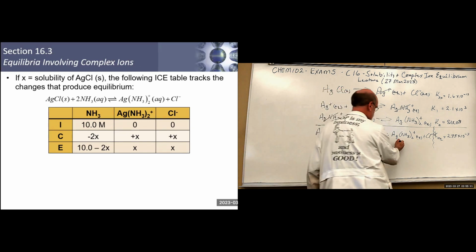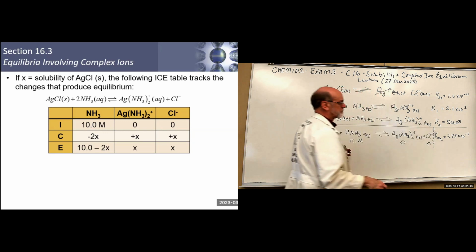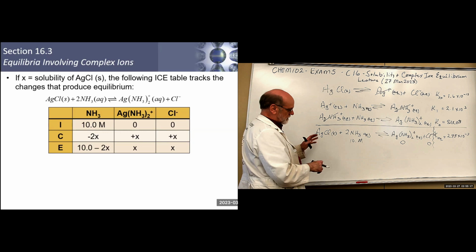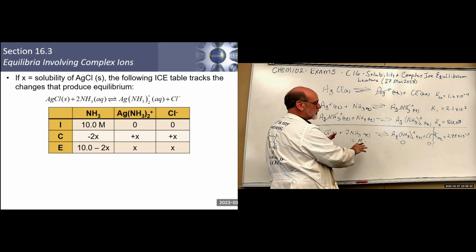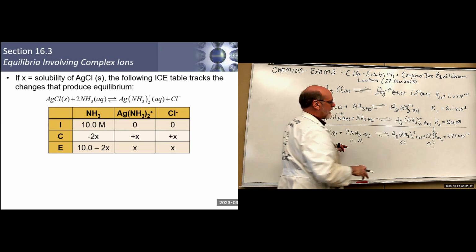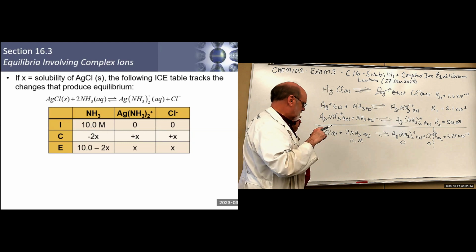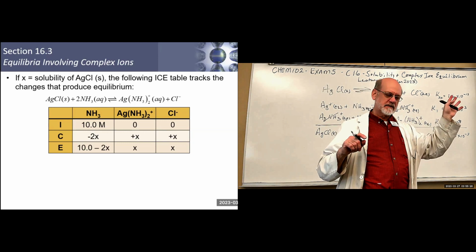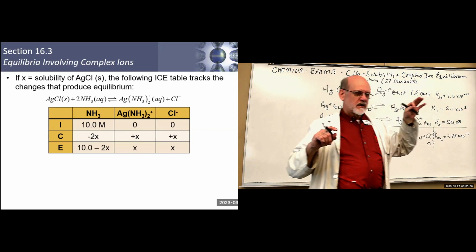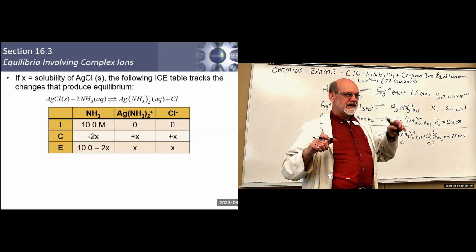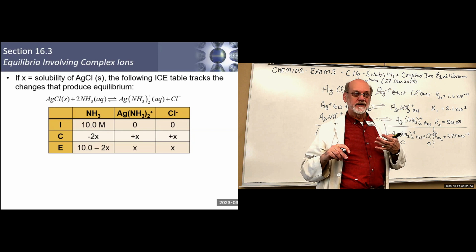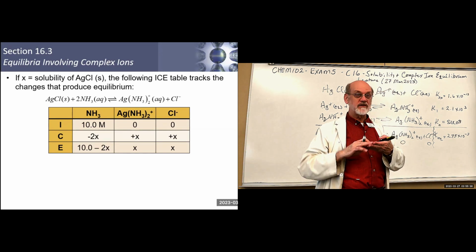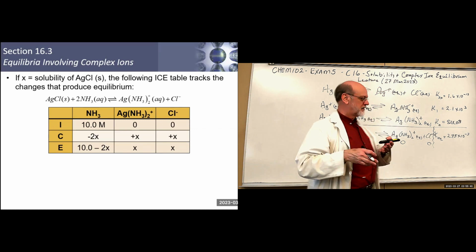Well, of course, there's 0 to start with. Then we're going to drive it that way. We're going to lose some. Now, remember when I mentioned earlier, I think in chapter 13, when you're doing these ice tables, if you can pick the unknown so that solving for it gives you the answer you're looking for.